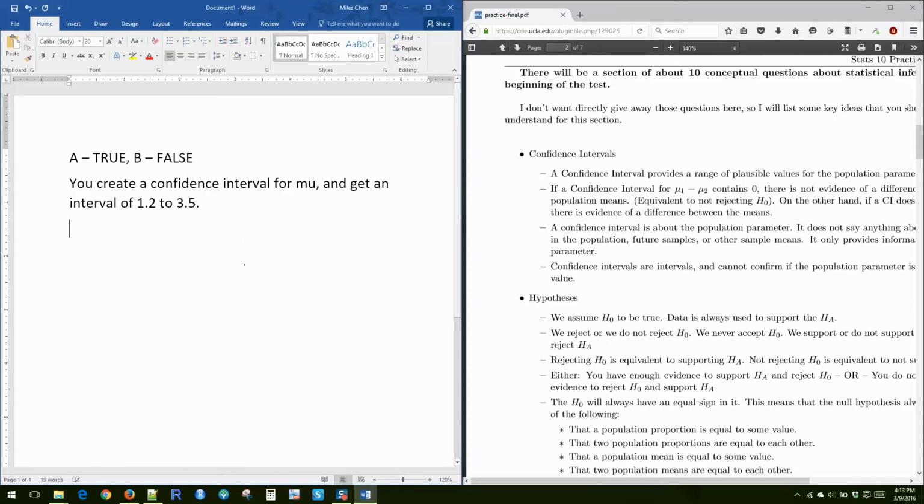Okay, so this will be true, false. We'll say you create a 95% confidence interval for mu. Okay. True, false.